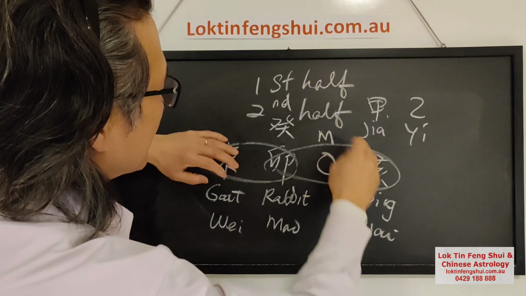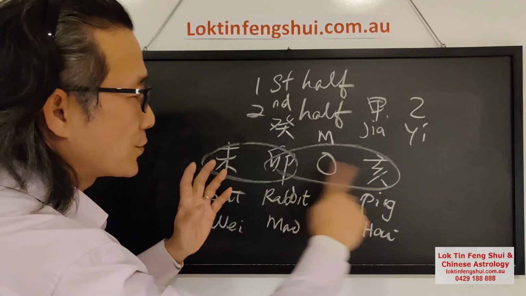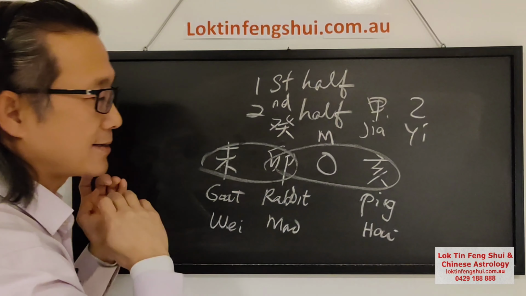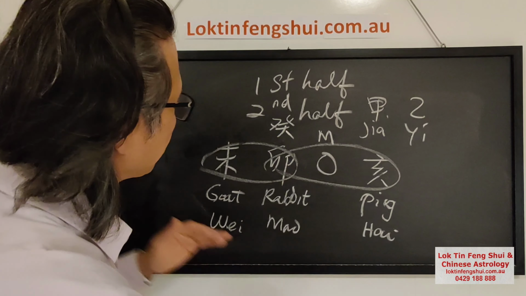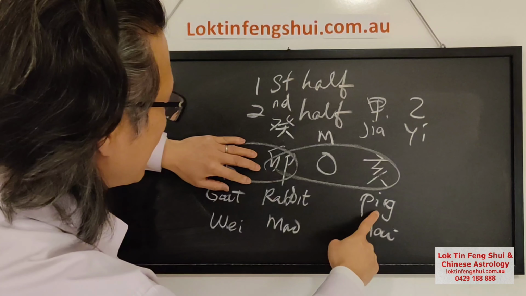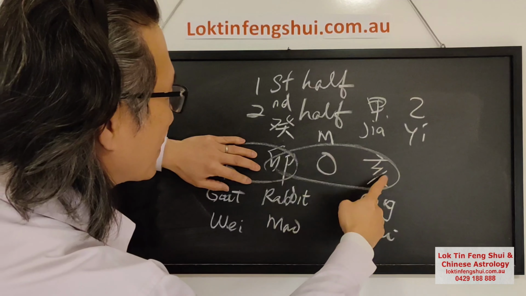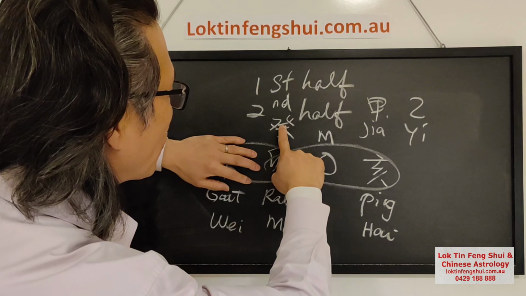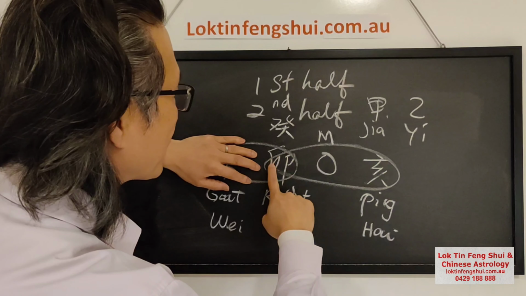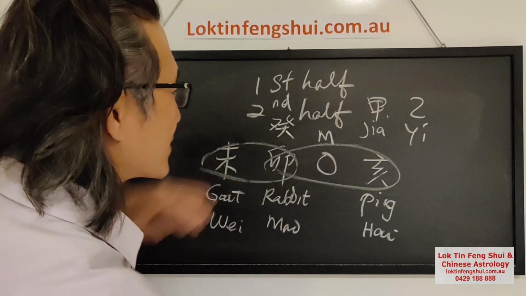For this case, if there are two or three, they don't need to be next to each other. They can be anywhere in the chart. So let's say Hai, pig, and the rabbit combine into wood. Water produces wood, so this becomes eating god or hurting officer.